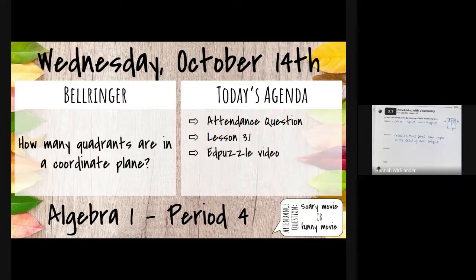A function would be like y equals 3x plus 4, because for every x value, there's exactly one y value.